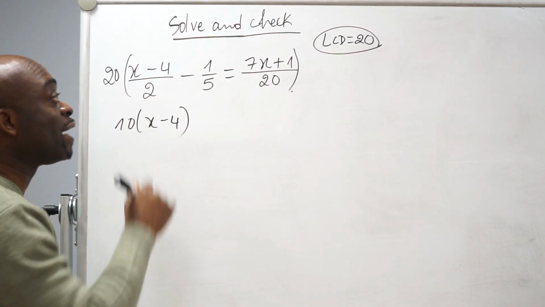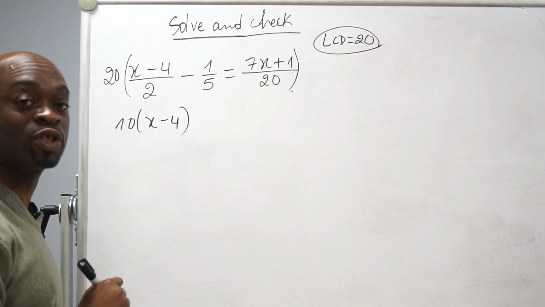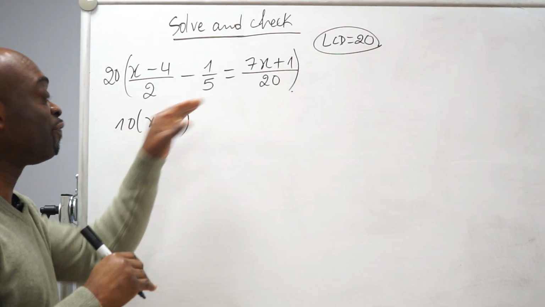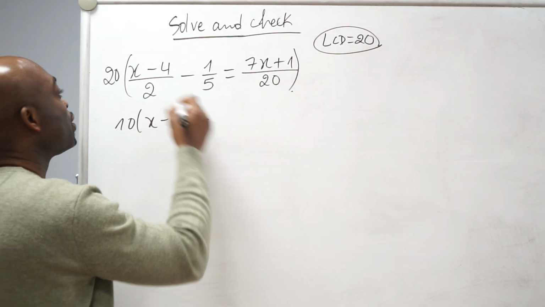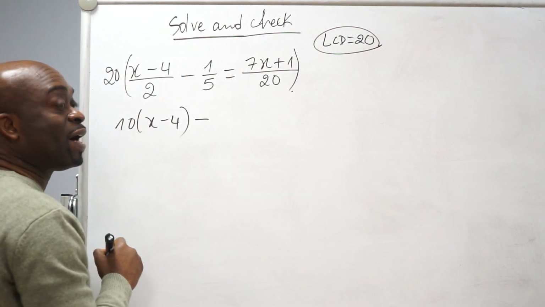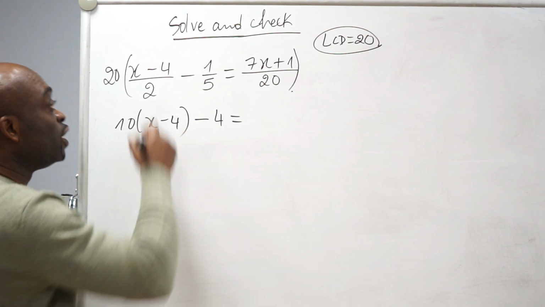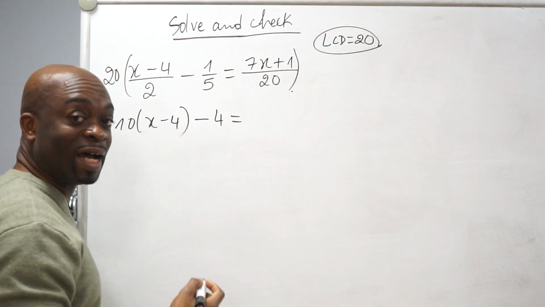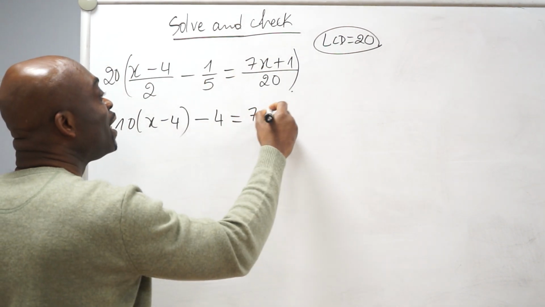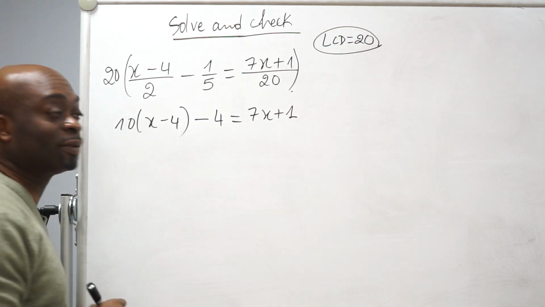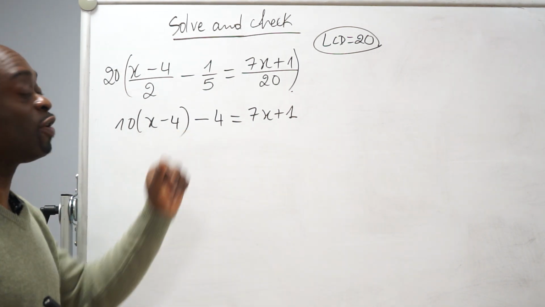That's the reason we are using the lowest common denominator, so we can get rid of the fractions. Minus 20 divided by 5, which is 4, so 4 times 1 is 4, equals 20 divided by 20 is out, so you end up with 7x plus 1. So here we are for now.